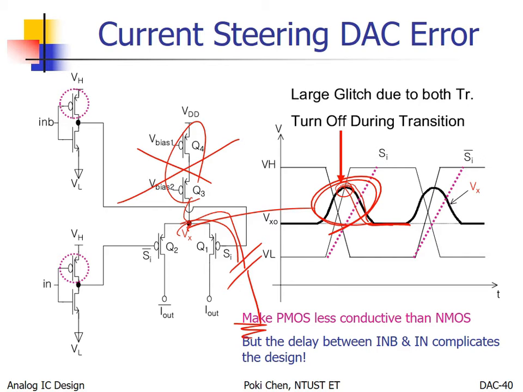Got it? For such kind of ripples on this node, because after I turned on, the node voltage will have some impact on your real output voltage. It is really bad. You will get a lot of ripples according to such kind of switching transition. Okay? So what can we do?